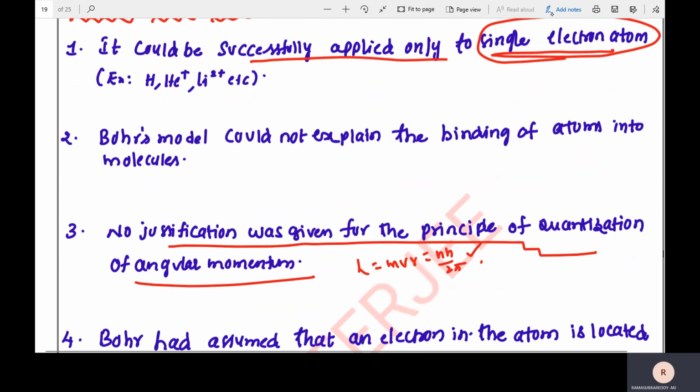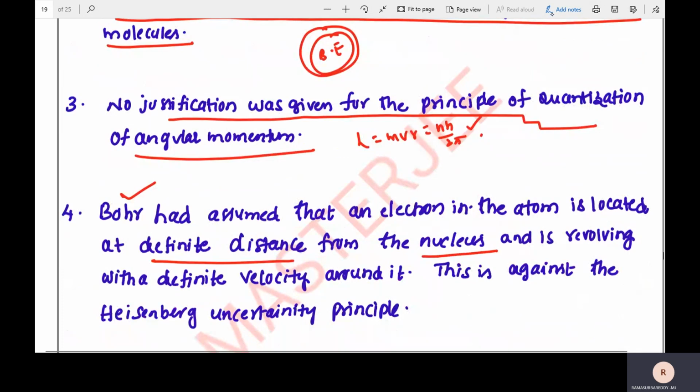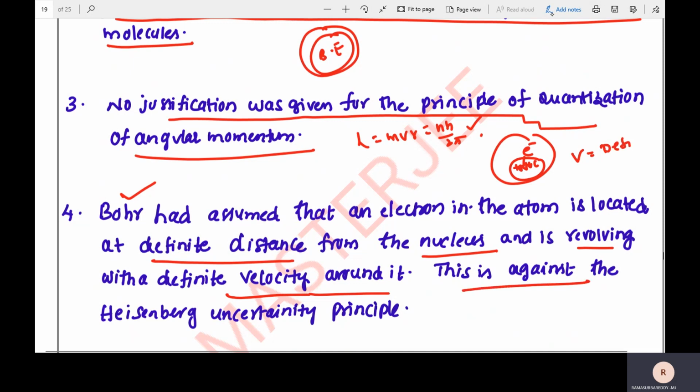Next, Bohr had assumed that the electron in the atom is located at a definite distance from the nucleus and revolving with a definite velocity around it. This is against the Heisenberg uncertainty principle. Why? What is the uncertainty principle?